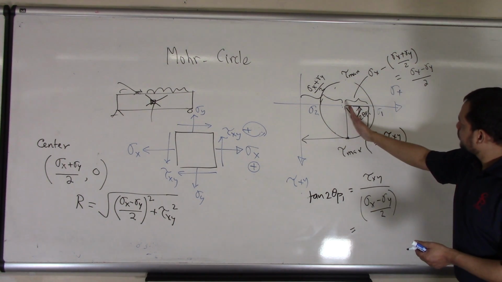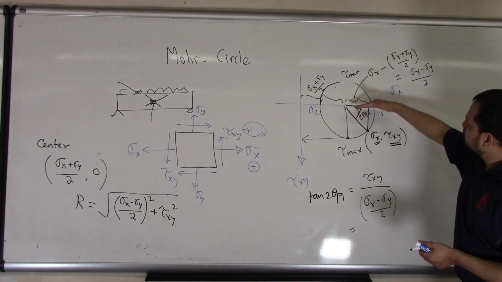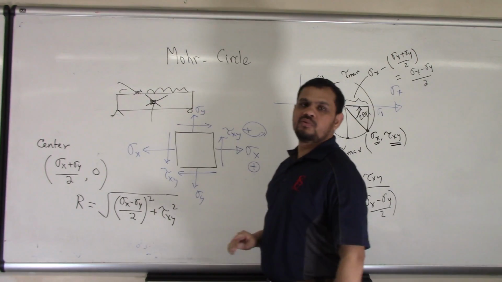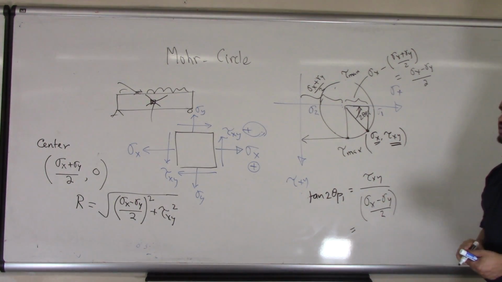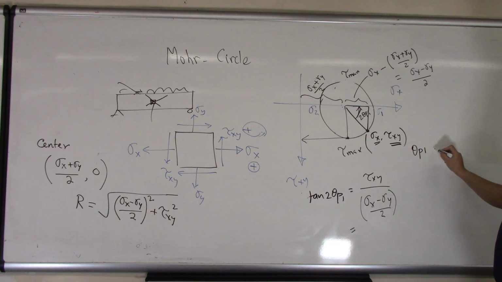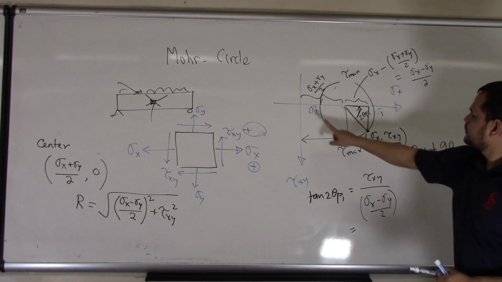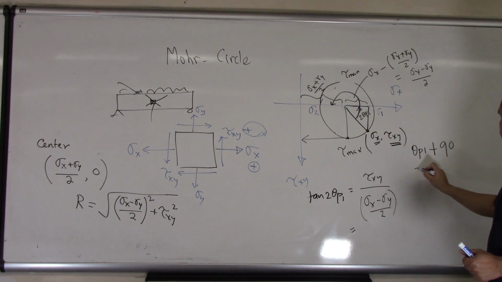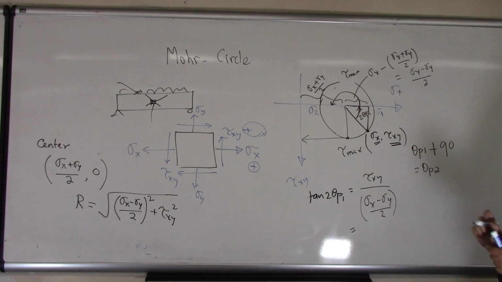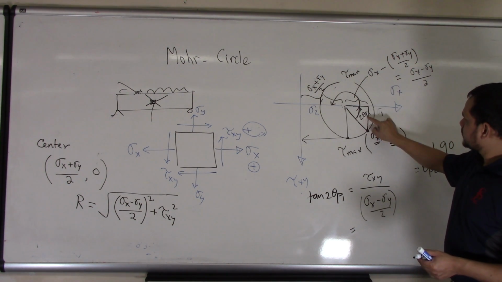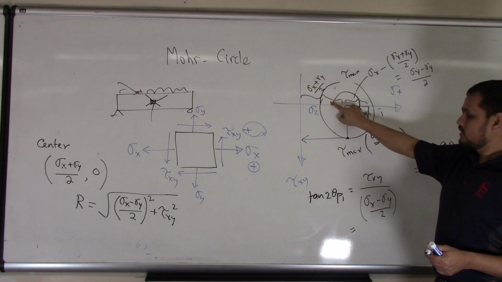That means if I go counterclockwise by that angle, we will find the principal stress 1. Then if we add 90 to theta P1, that will give sigma P2. Why? Because here to here is twice theta P1 plus 180.